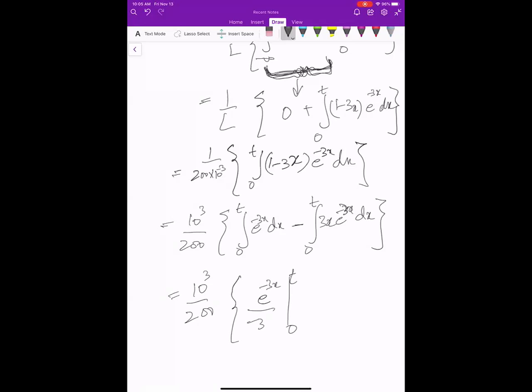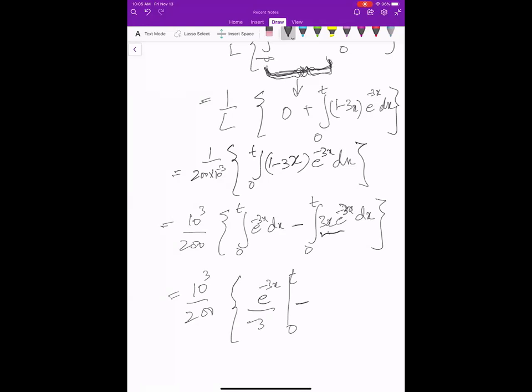So this is the integral of e to the minus 3x. To solve this, you use integration by parts, in which you take the integral of one of them first and then the integral of the second.